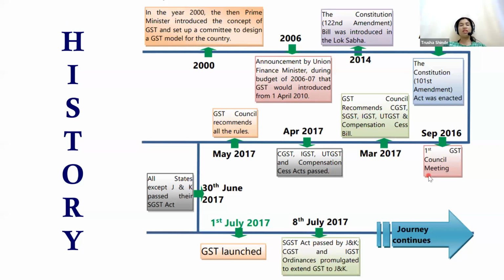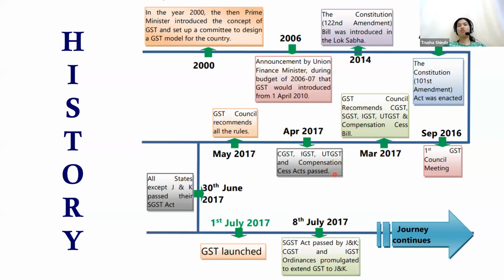In 2016, the first GST council meeting was held, where the discussion regarding the processing part, registration part, etc. was covered. Again in March 2017, the necessary changes, like compensation, and the dual GST model, that is CGST, SGST, UTGST and IGST, were discussed.